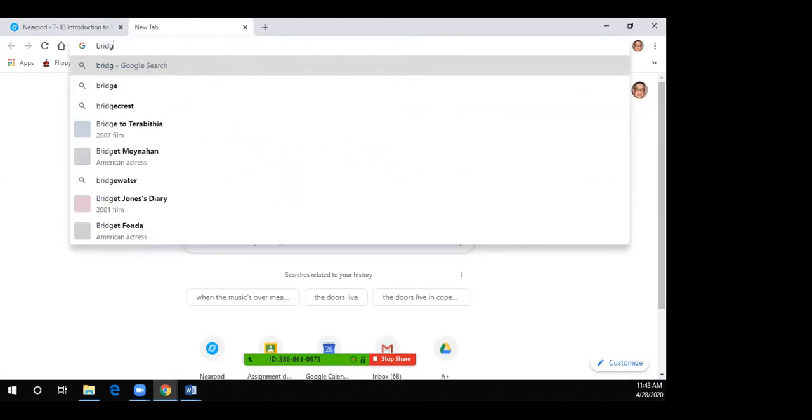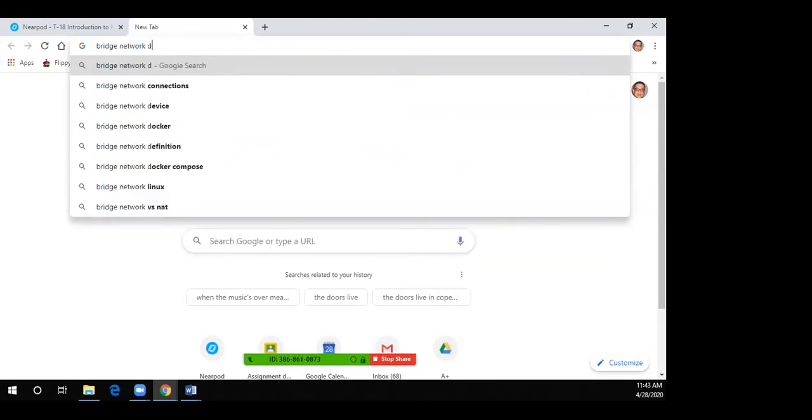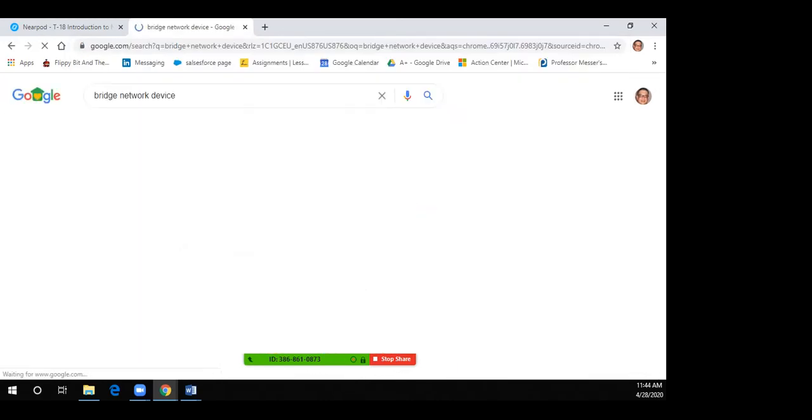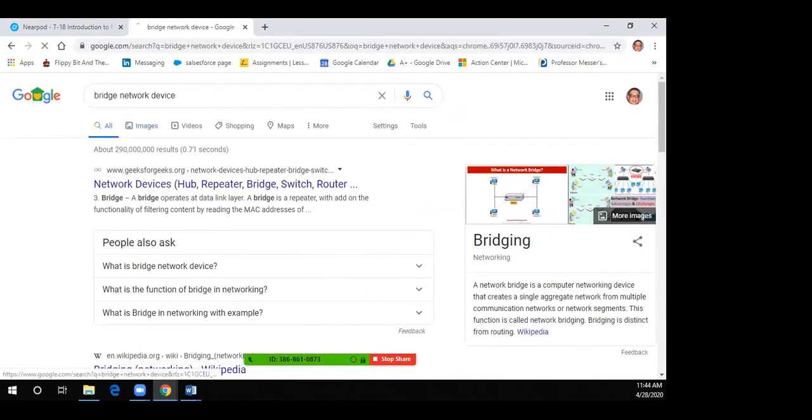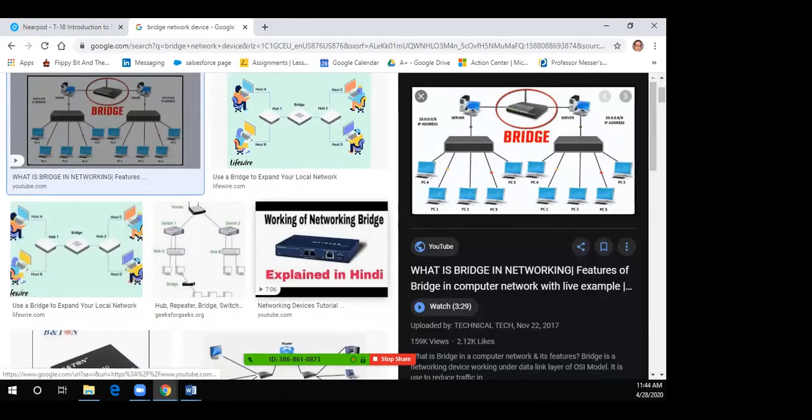It depends on the job that you want. So all it's doing is allowing this LAN where these switches are to bridge to this LAN that's out here.